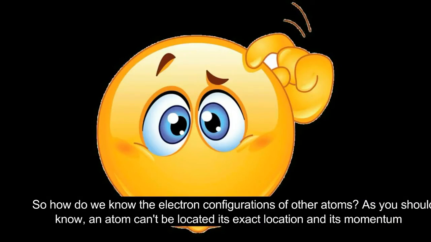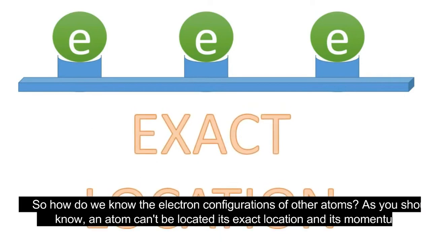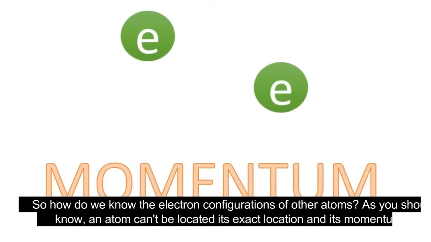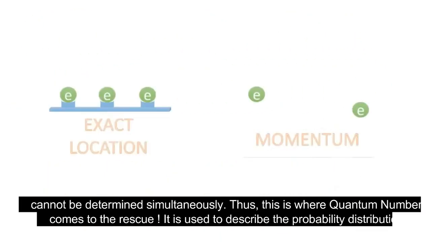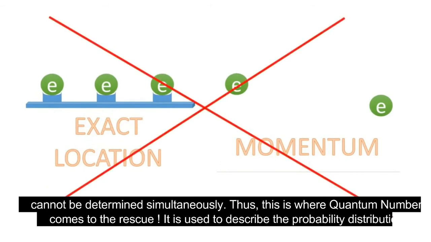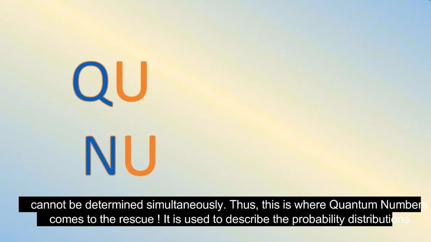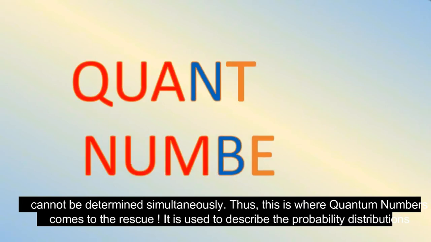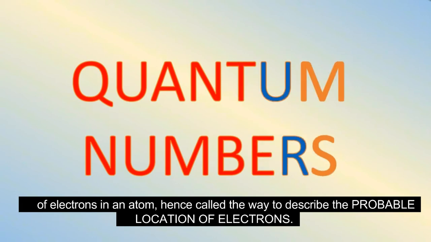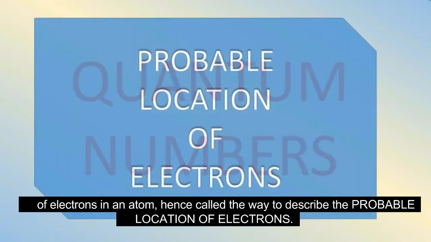As you should know, an electron's exact location and its momentum cannot be determined simultaneously. Thus, this is where quantum numbers come to the rescue. They are used to describe the probability distribution of electrons in an atom, hence the way to describe the probable location of electrons.